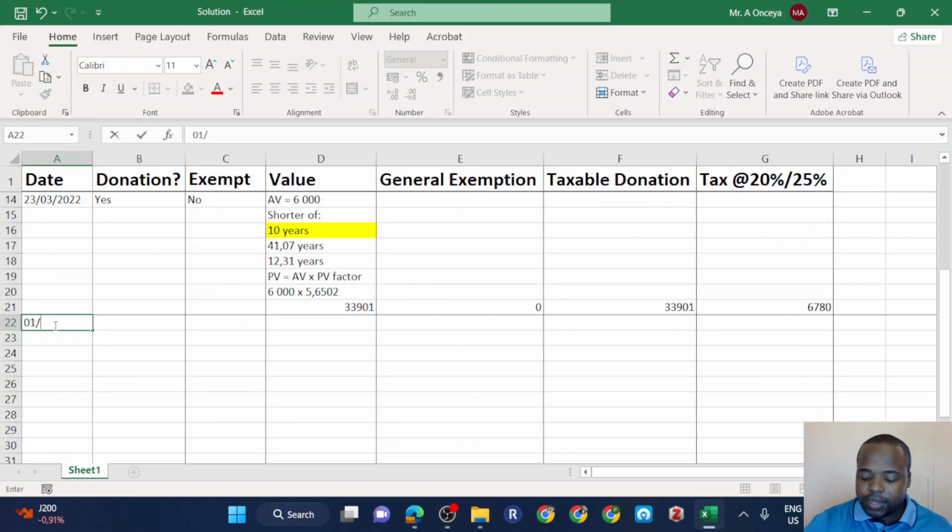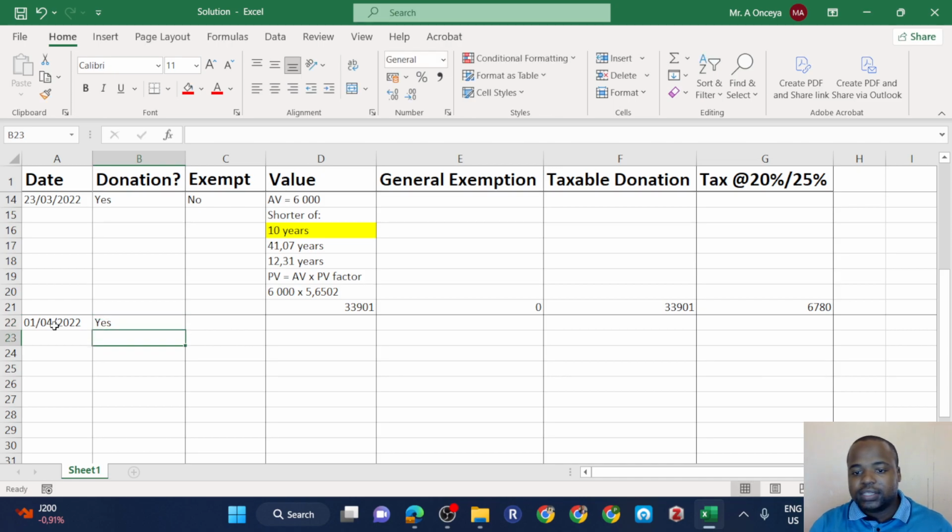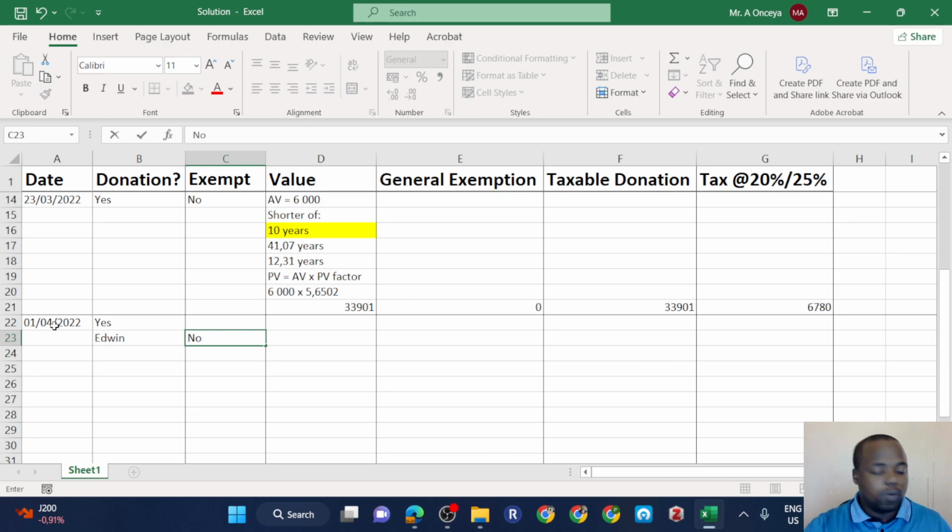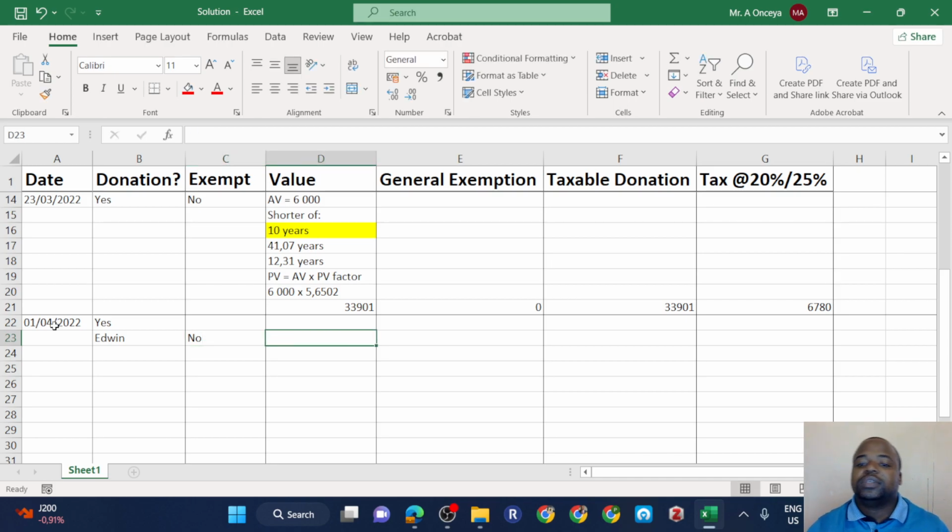So it's 1 April 2022, right? And then is there a donation? Yes, he has gratuitously disposed of half of his business, right? But let's first deal with Edwin, who got the usufruct of the business. Is it exempt? No, it doesn't meet any of the exemptions. Why? Because it's not for maintenance, so it doesn't meet any other provisions for those exemptions, so it's not exempt.